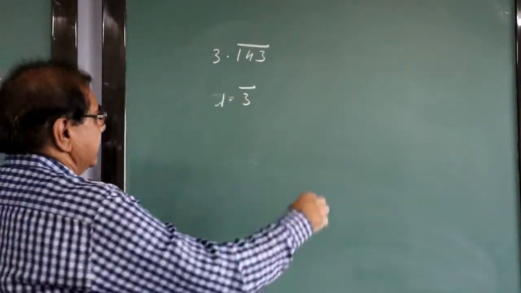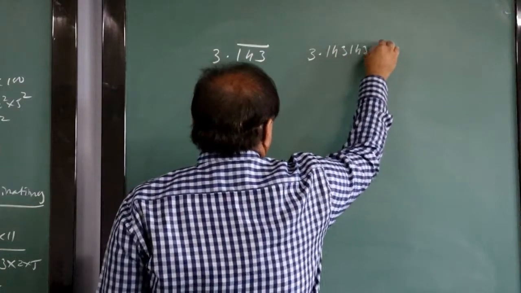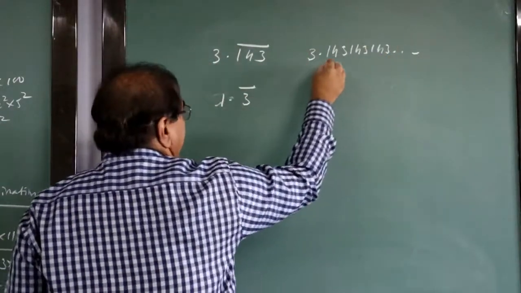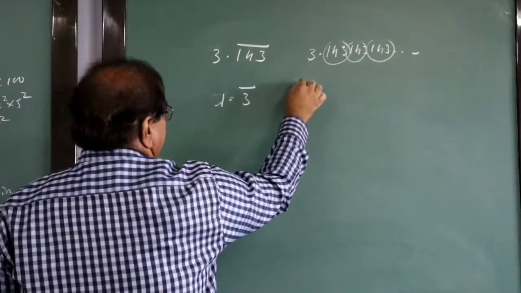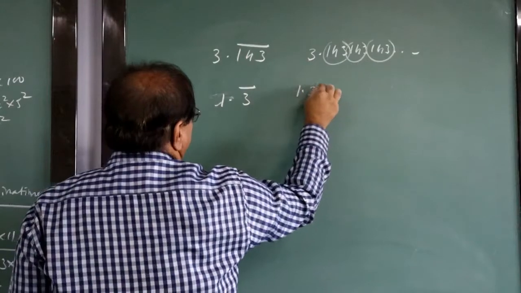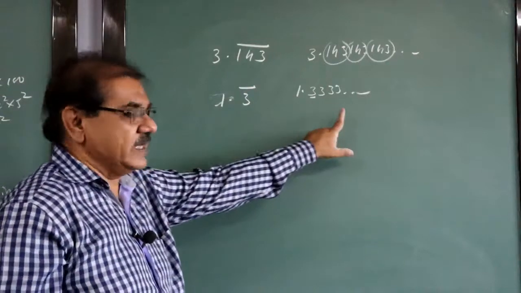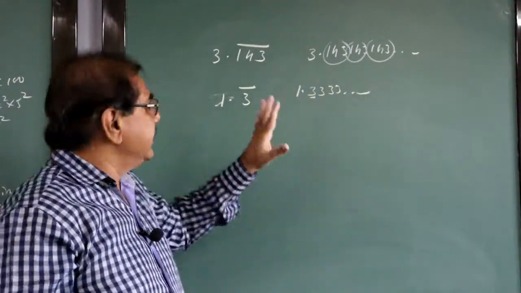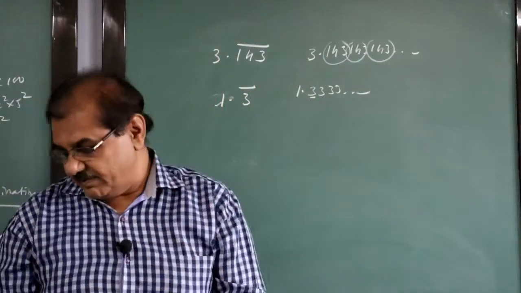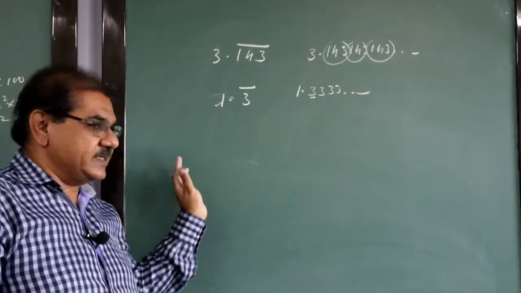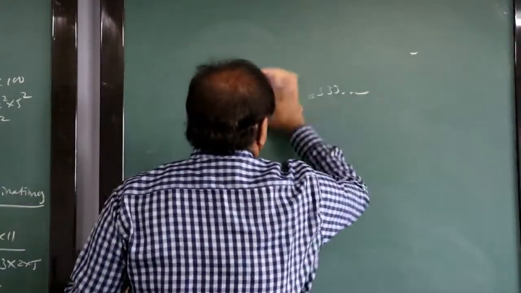If I want to write this in decimal form, it is 3.143 and so on, where the block is repeating, and here it is 1.3 bar, so it is 1.3333 and so on. So only one figure is repeating. This is how you can understand that if it is a repeating decimal, then it is a rational number. Okay? And if the number is neither repeating nor terminating, then it is an irrational number.